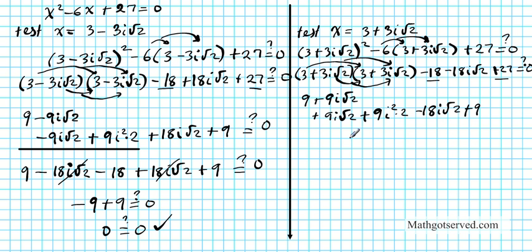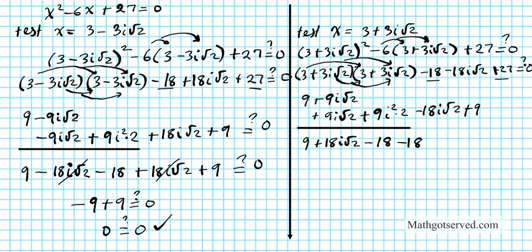Now let's combine the FOILed out terms. Just bring down the 9. These two add up to 18i root 2. And i squared is negative 1, so this becomes minus, 9 times 2 is 18.